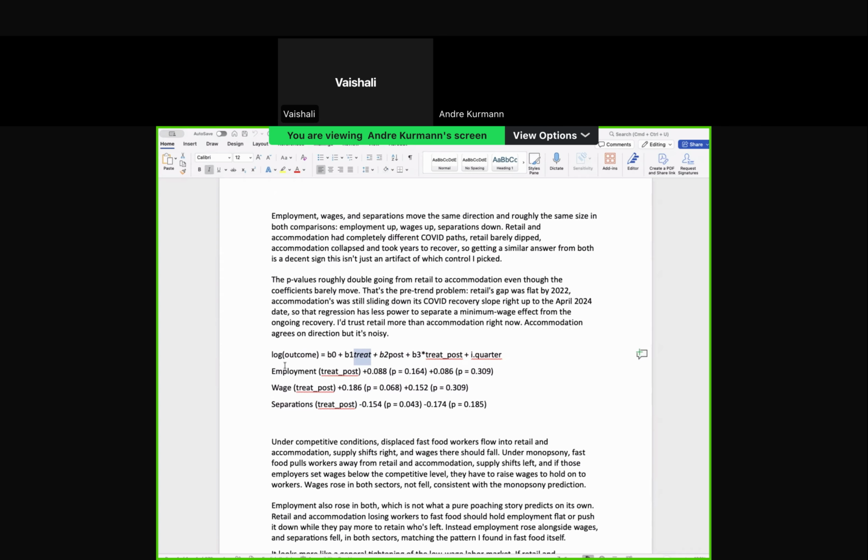But the idea is that you want to compare within the fast food sector, but across different geographies. Okay. Now, what he doesn't do, and what you could do, is you could say, okay, well, let me see how full service restaurants or retail or accommodation compares in California versus these other states. Right?